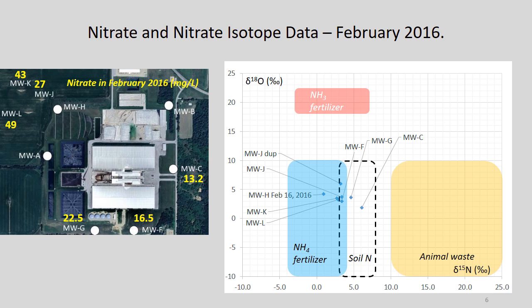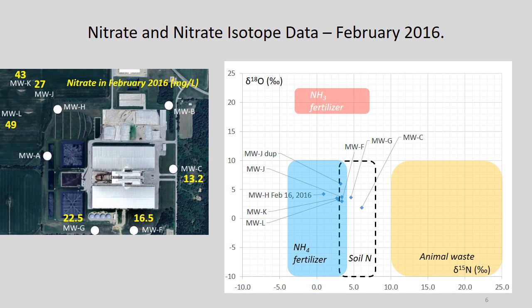So one of the things we wanted to know is, was any of this nitrate due to manure from the dairy? So we did some nitrate isotope analyses, and basically you can see this orange area here.